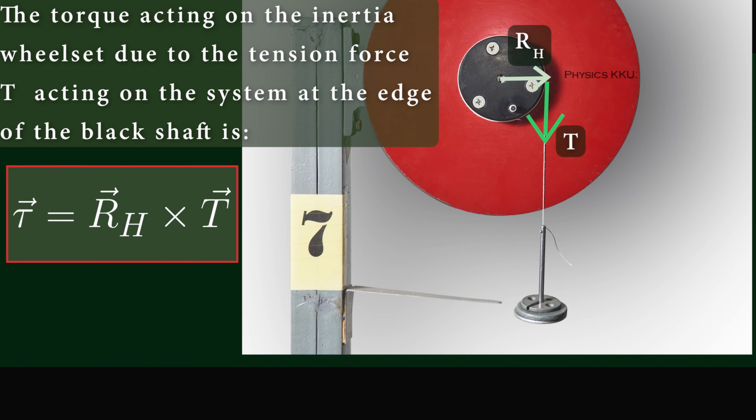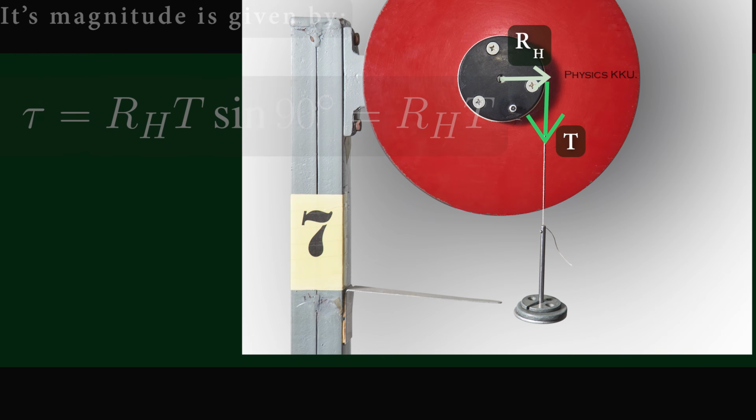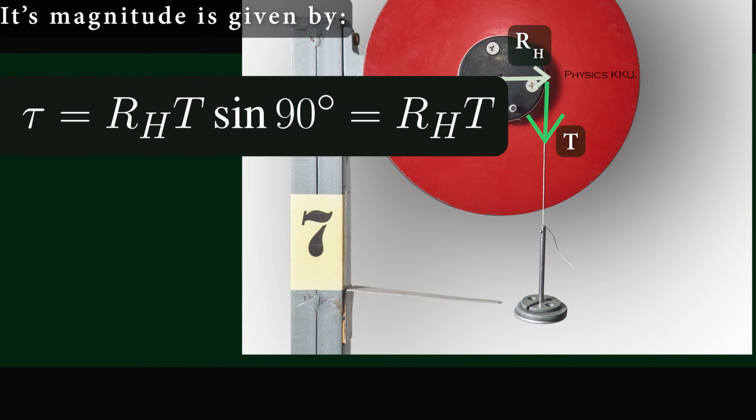Torque is a vector quantity possessing both magnitude and direction. The direction of torque is determined using the right-hand rule. From the picture, it is observed that the torque is inward, and its magnitude is given by torque equals RH times T, where RH and T are the magnitudes of vectors RH and T, respectively. If you know the magnitude of the rope tension T, you will immediately know the torque acting on the system.